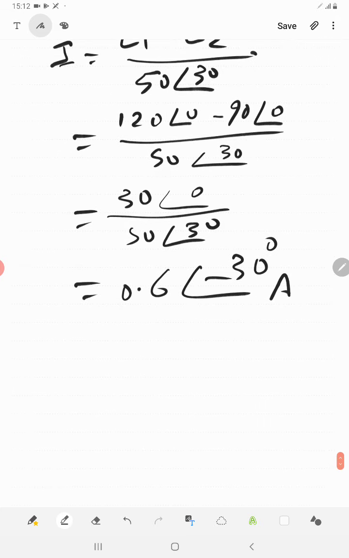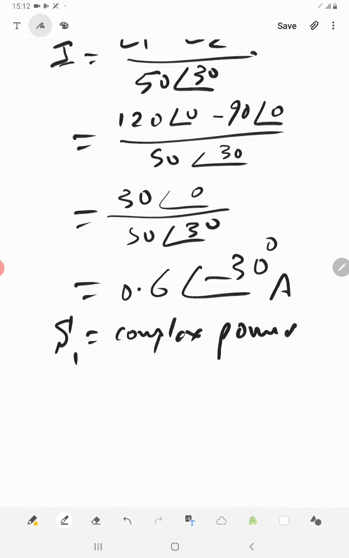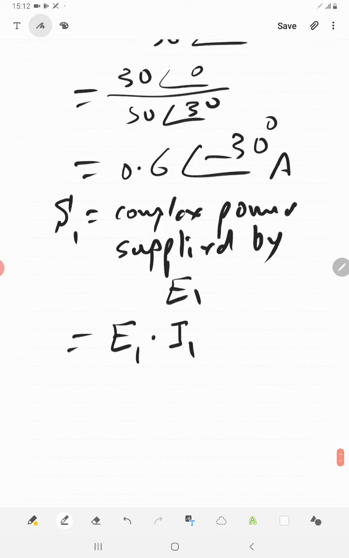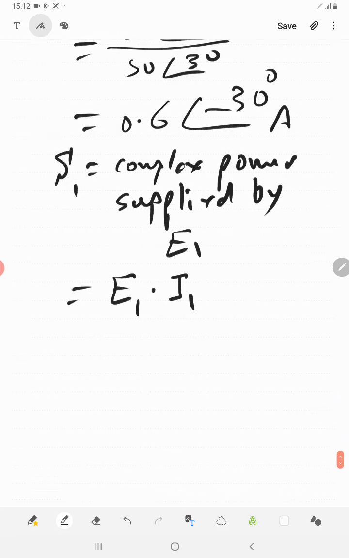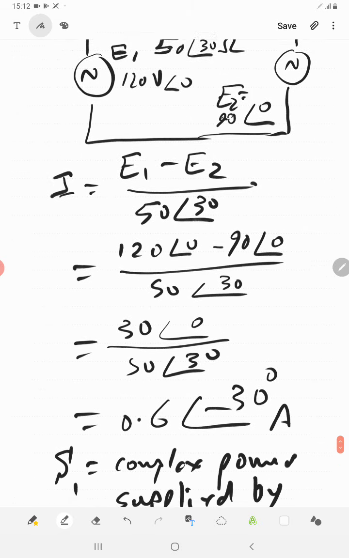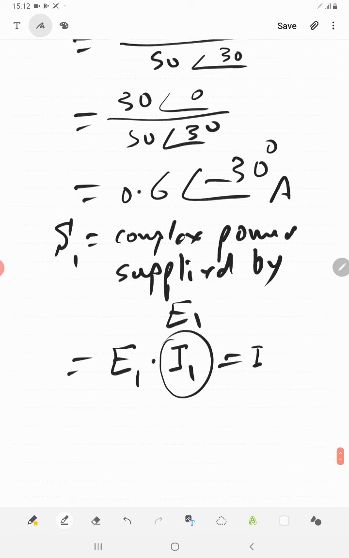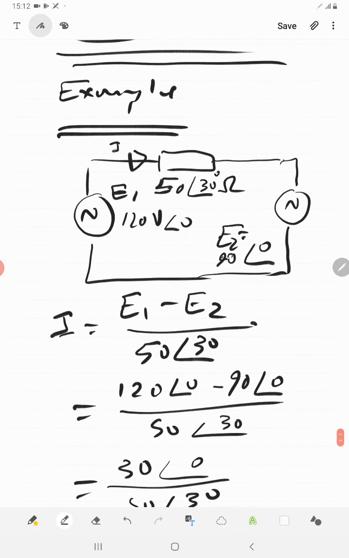Now, S1, the complex power supplied by E1, is equal to E1 times I1 conjugate. I supplied, and I1, we have calculated I1 equal I. If we look at I1, here is I1.